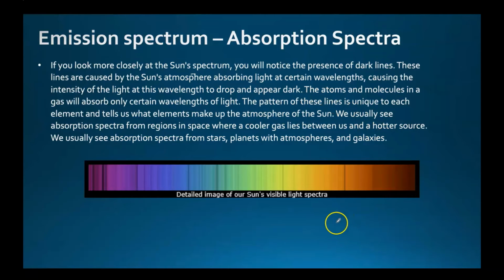The atoms and molecules in a gas absorb only certain wavelengths of light, and the pattern of these lines is unique to each element and tells us what elements make up the atmosphere of the sun. We usually see these absorption spectra from regions in space where a cooler gas lies between us and a hotter source, and we usually see absorption spectra from stars, planets with atmospheres, and galaxies.